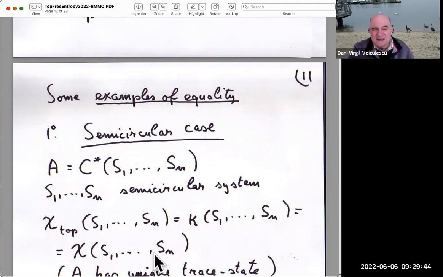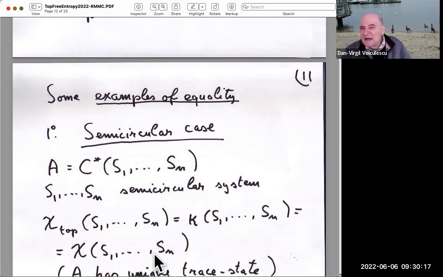But of course, since here I'm not using traces, I'm using only C-star algebras, I can overlook the vacuum trace state, and just think of them as the self-adjoint part of these creation operators. So in the case n equal 1, if you have one semicircular element, it is the following.